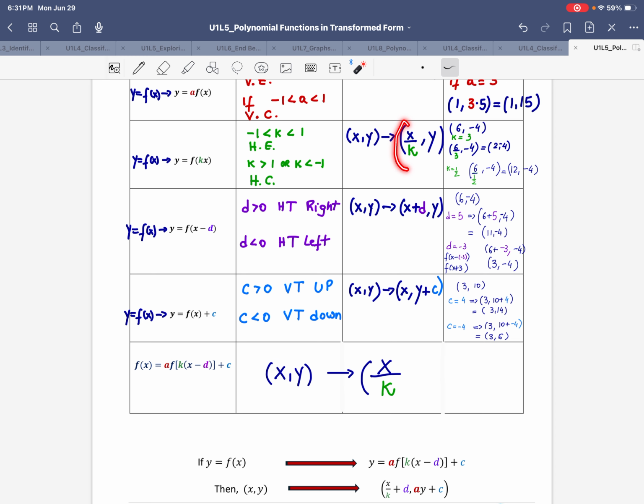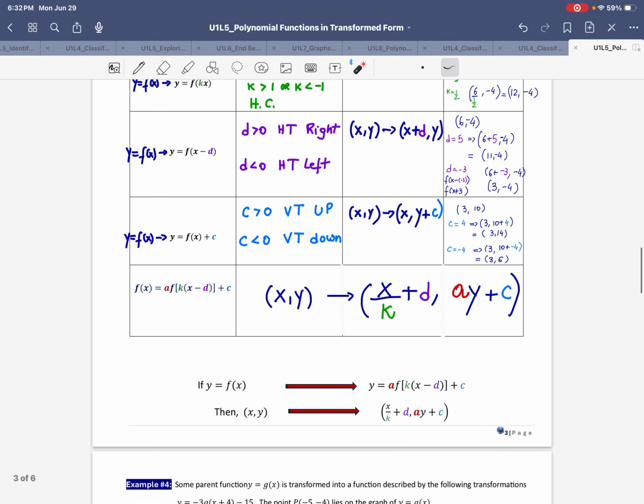When that happens, division has to happen first. So first we divide x by k, and then we add the coefficient d, which is the horizontal translation. Whereas the y values of the parent function will be multiplied by a, and then we add the translation in the vertical direction, c. This is the formula that we'll be using to determine the coordinates of any point on a parent function when the function undergoes multiple transformations.